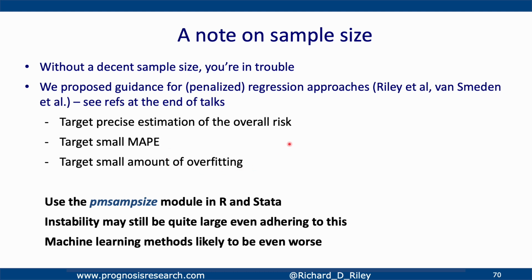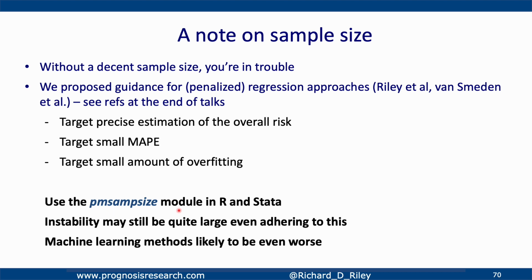Now, I'm not going to go into the details. They're available on other YouTube talks of mine. But simply put, they require the user to input some assumptions about the average risk in the population, a conservative estimate for the performance of the model in terms of the C statistic or the R squared, and also how many predictors we're thinking of putting in the model.